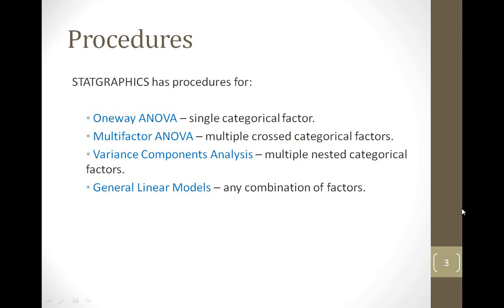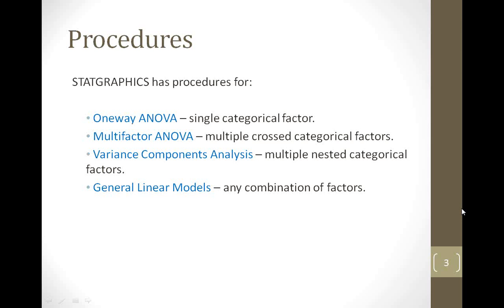The general linear models procedure can handle pretty much any combination of factors, any type of setup. For example, if I needed to analyze a split plot design or a repeated measures design, since it has some special situations, it would have to be analyzed using the general linear models procedure.